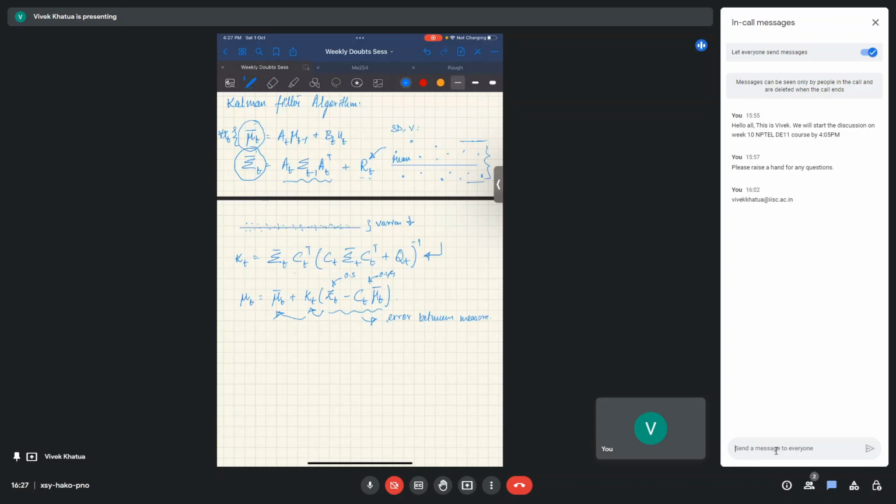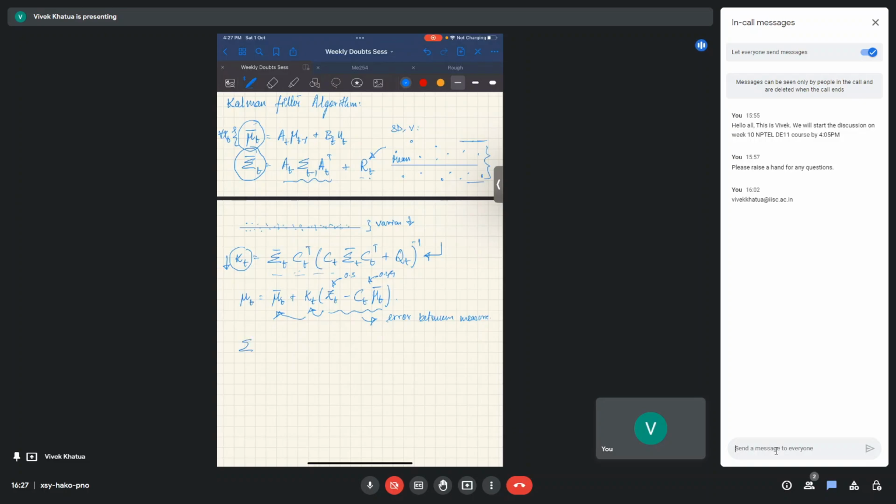If this product is low, it means your sigma estimate is low, and that leads to your Kalman gain reducing, and because of that this error is not going to affect much into your system, right?